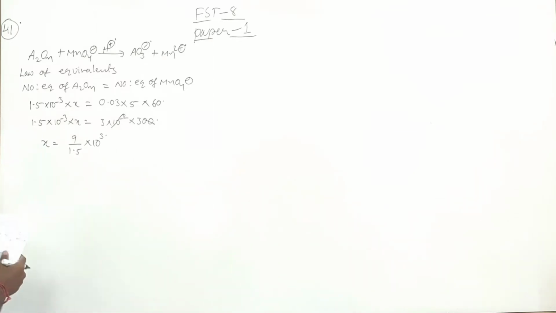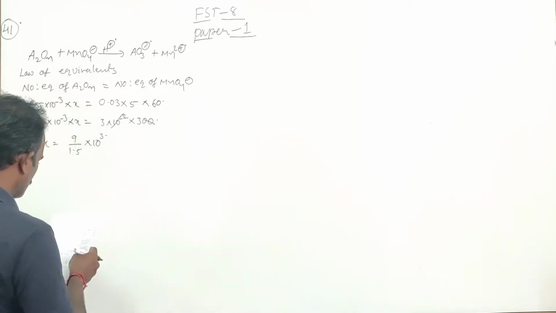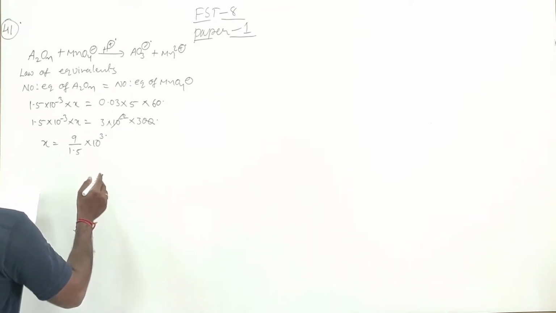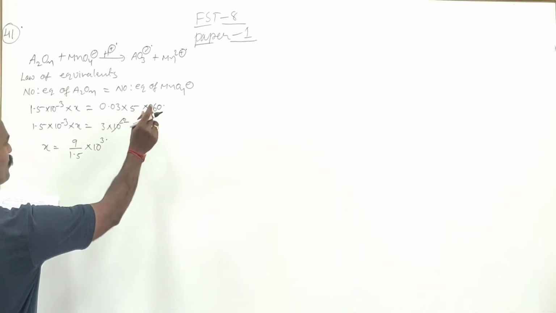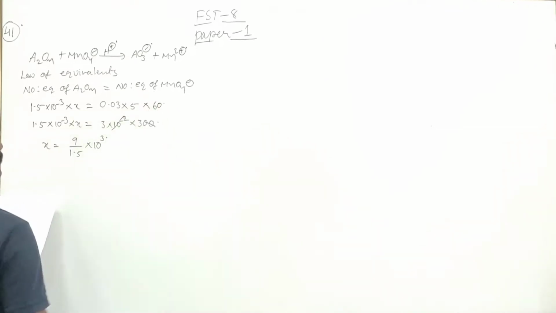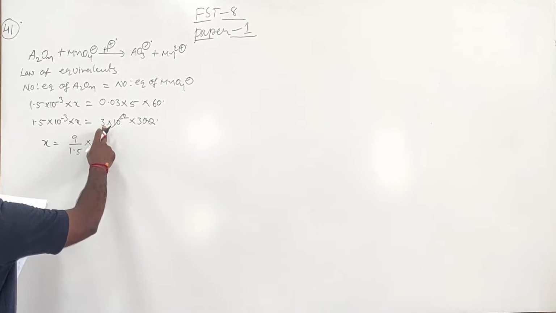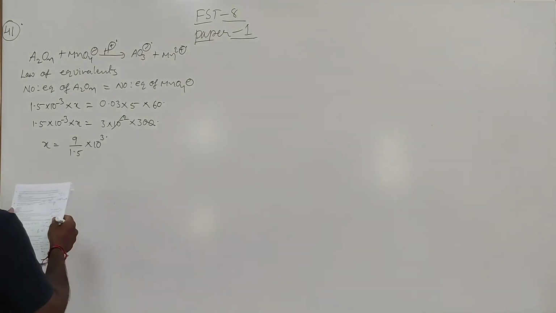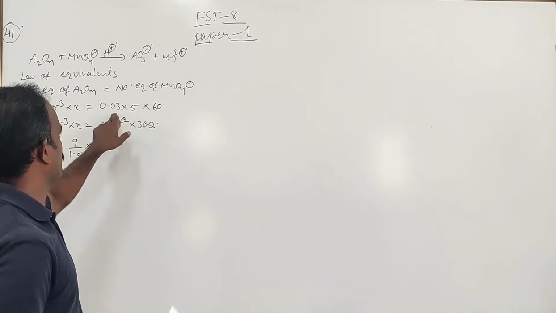It is going to be 0.03 into 5 into 60, which is equal to 900 ml, this is equal to 1.5 into 10 power minus 3.